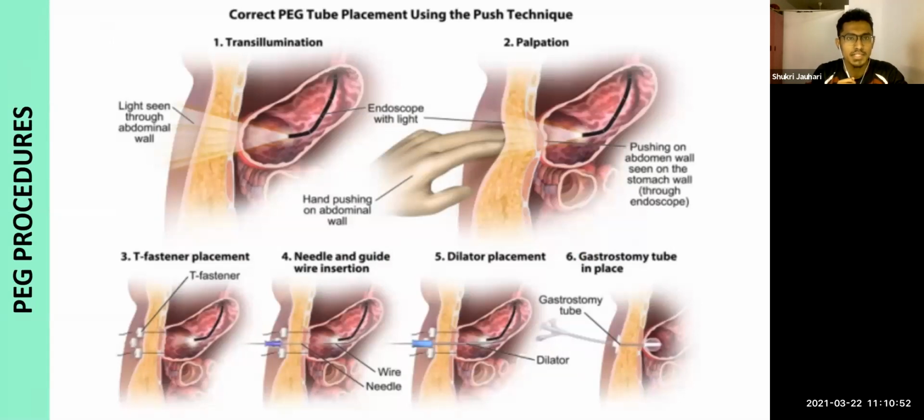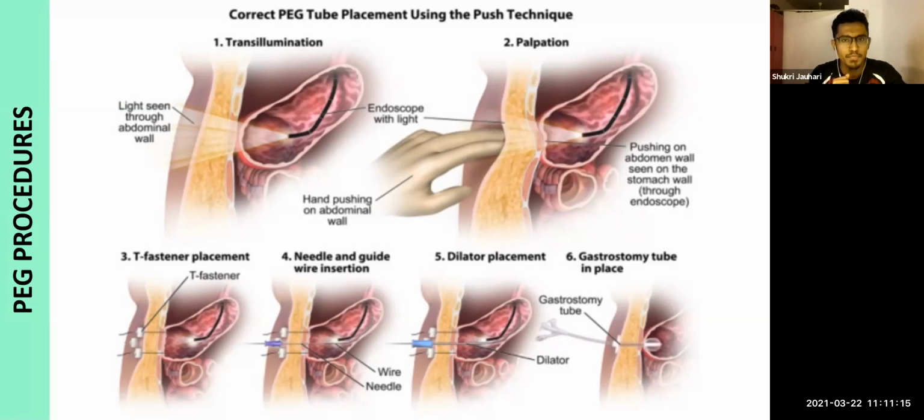Okay, so as you can see in the picture, we can do the PEG tube placement using the push technique, in which we insert an endoscope with light, and then we shine the light through the abdomen, and the light should be seen through the abdominal wall.